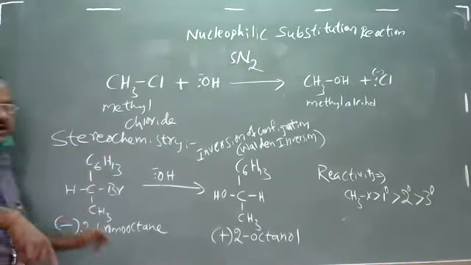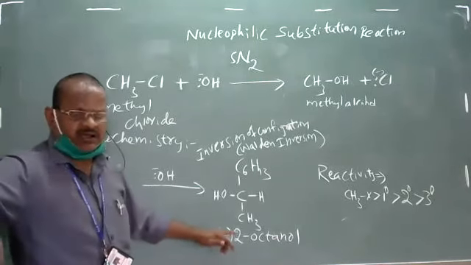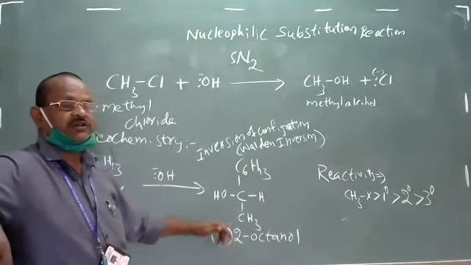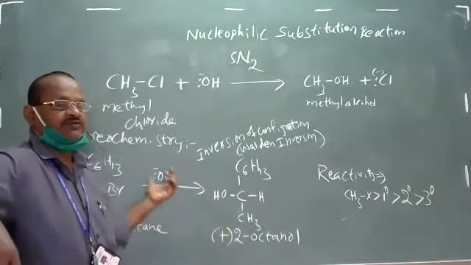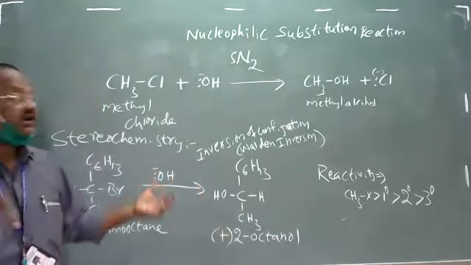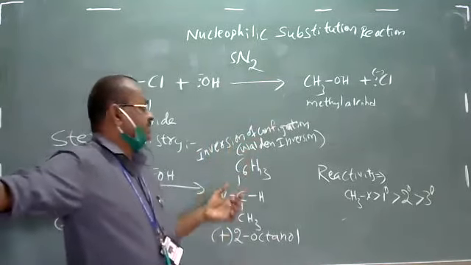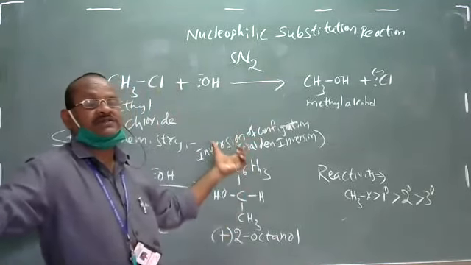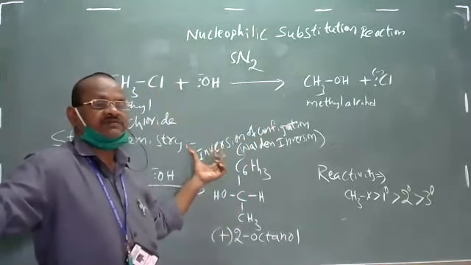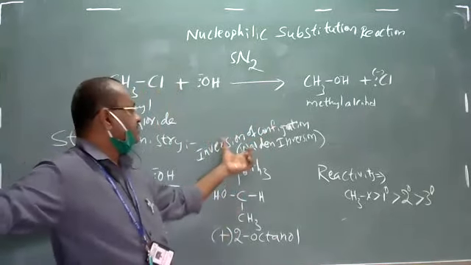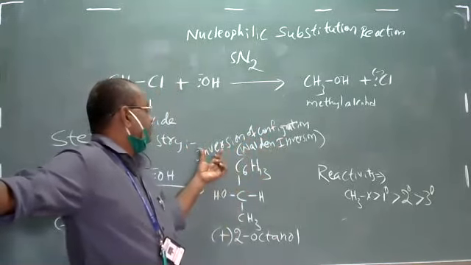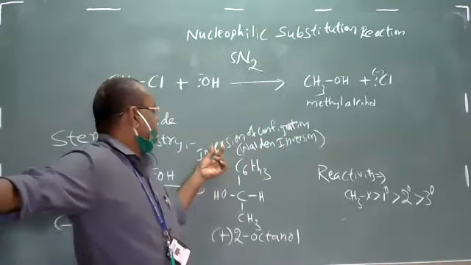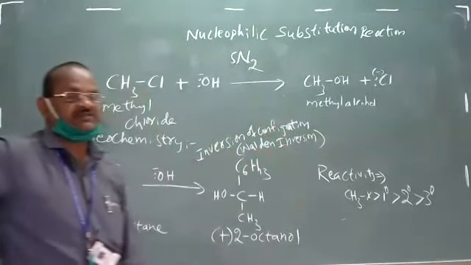That means the levo form is converted to the dextro form, or the dextro form is converted to the levo form. This process is also called Walden inversion, because Walden is the name of the scientist who discovered this stereochemistry of SN2. So in chemistry, it is inversion of configuration.